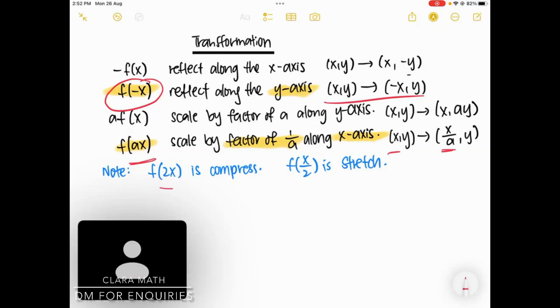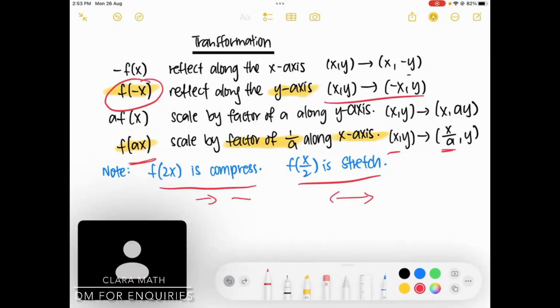Okay, so when you think of it as f(2x), it is actually compressing the graph. And then when you do x over 2, like a half x in the bracket, you're actually stretching out the graph, stretching this way. Compress is this way. Yeah, all is horizontal. I'm talking about horizontal, not vertical compression, all that. Okay, we're done for this chapter.